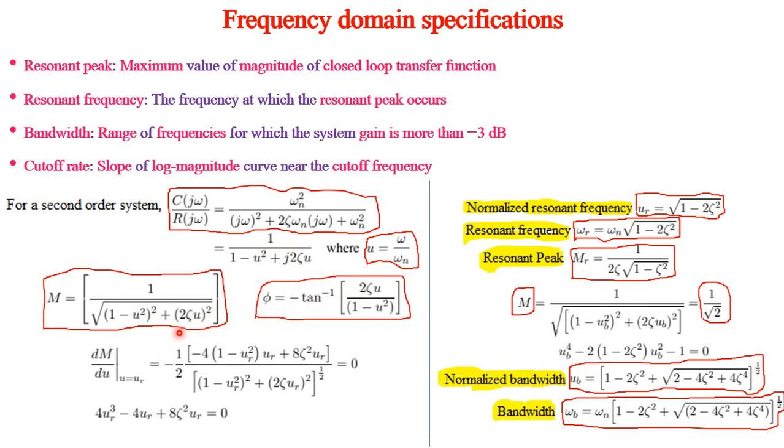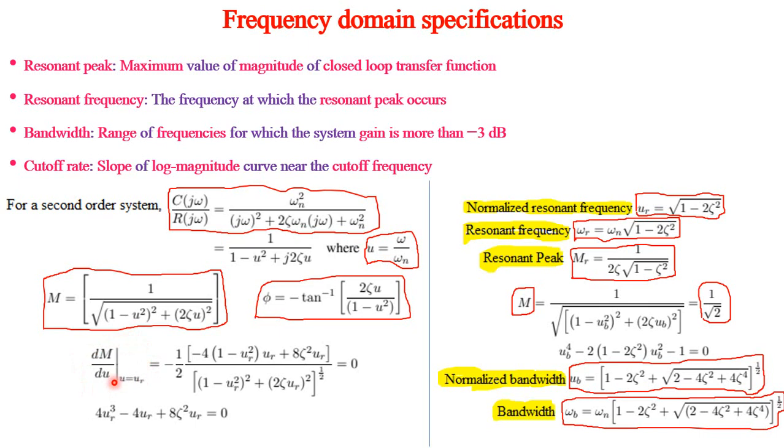Now we have to find the resonant frequency, resonant peak and bandwidth. To find the resonant peak, we have to get where the magnitude becomes peak or maximum value. We know very well that we can obtain the maximum value with respect to a parameter if we differentiate the function with respect to the parameter.